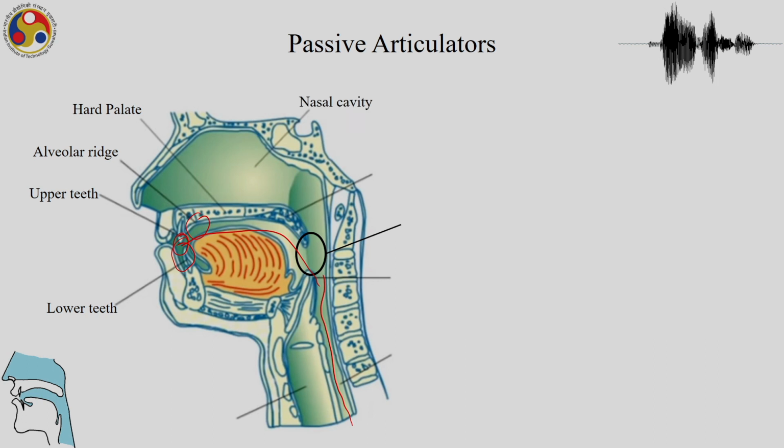Of course, the nasal cavity is not a part of this oral tract. It's a nasal cavity which is accessed for the production of sounds when the velum, this velum part, is lowered, then air can move out through the nasal cavity, producing nasal sounds.